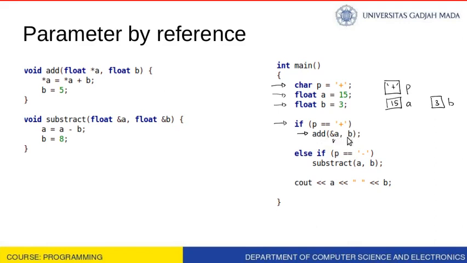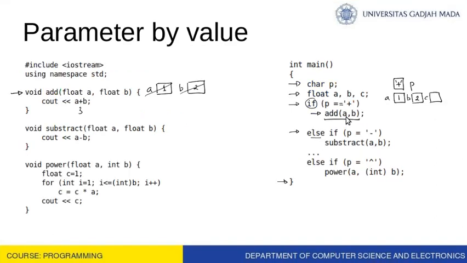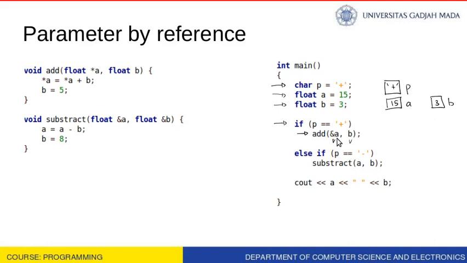You can see the difference between this example and the previous example. In the previous example, we just wrote A and B without any other character, but here we have this ampersand character. This ampersand character indicates that this is a parameter by reference.